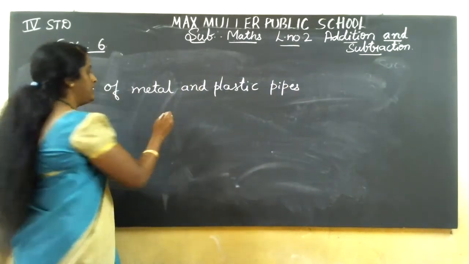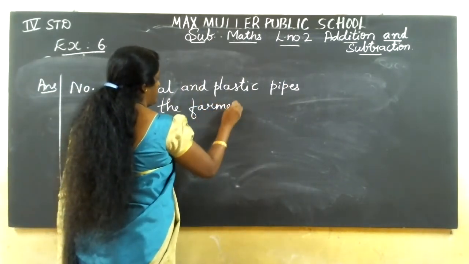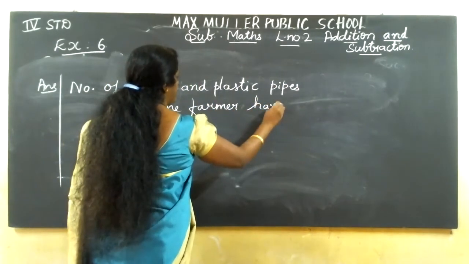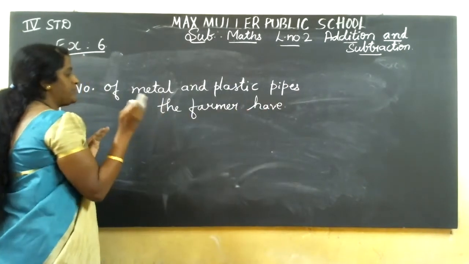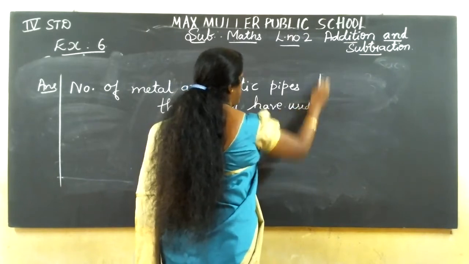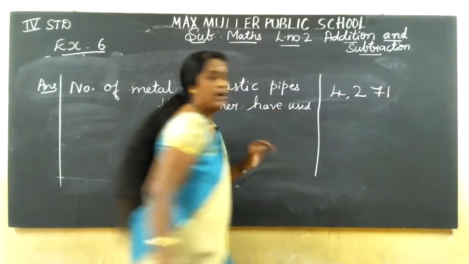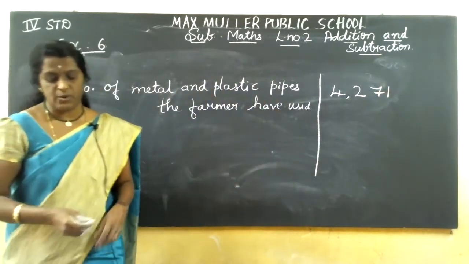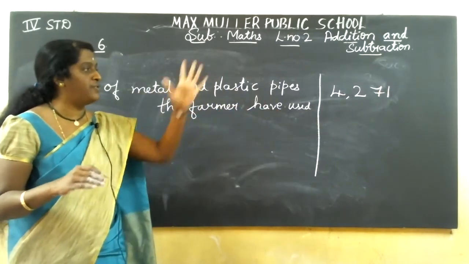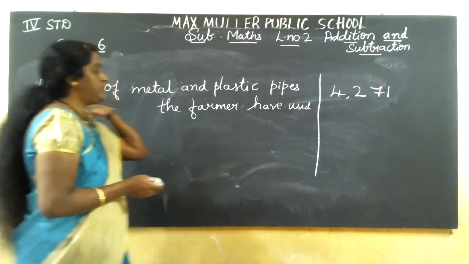The pipes the farmer has used, metal and plastic, 4,271. So, number of plastic pipes he used.